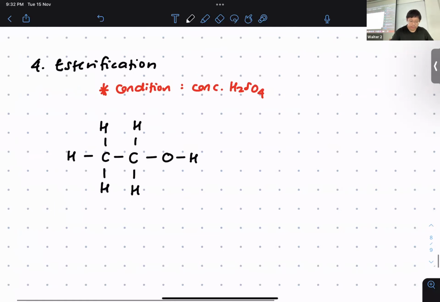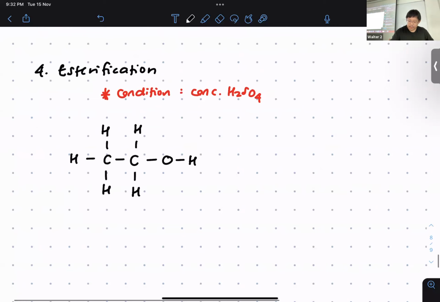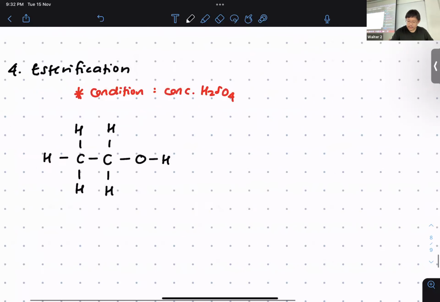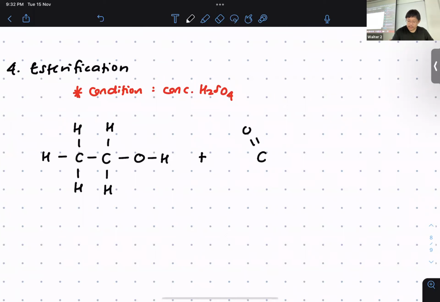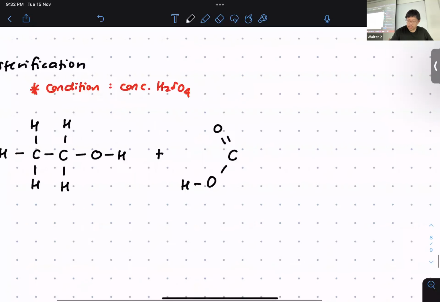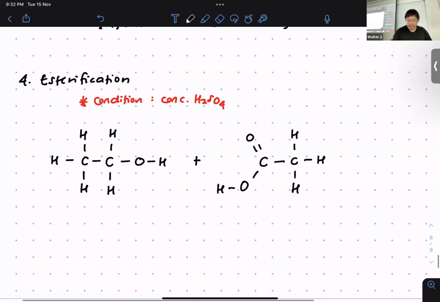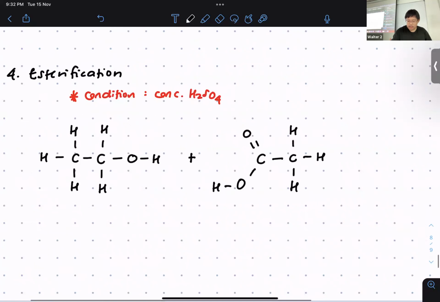You're going to react it with a carboxylic acid. But for the carboxylic acid, I'm going to draw it the other way around because I want to show you what happens during the chemical reaction. Okay, so what you have is left side will be ethanol, and this is ethanoic acid.